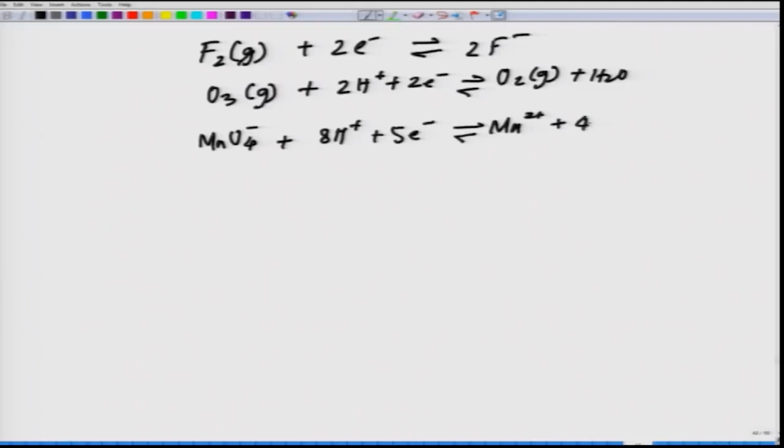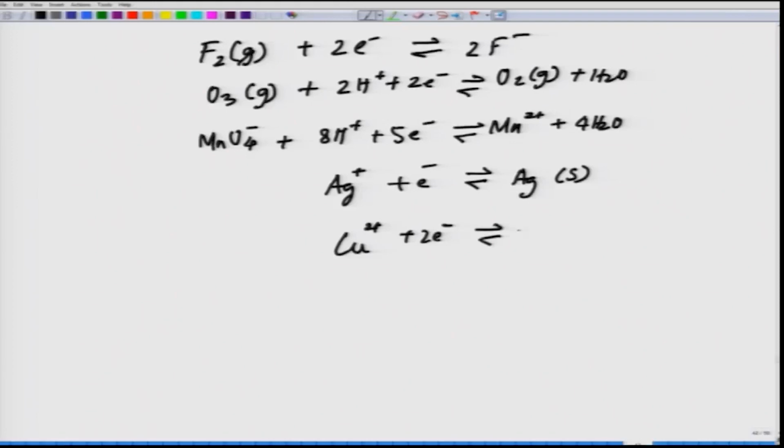plus 4 H2O. Okay. Similarly, Ag, we have already talked about it, Ag+ plus electron, Ag solid. Copper 2+ plus 2 electrons, making it Cu solid. Similarly, 2H+, now this is the reaction we have already talked about, H2 gas.